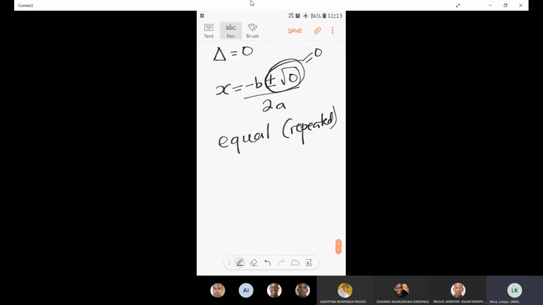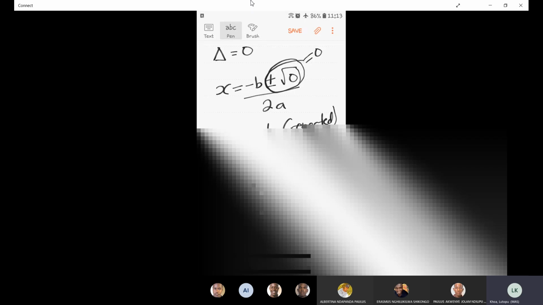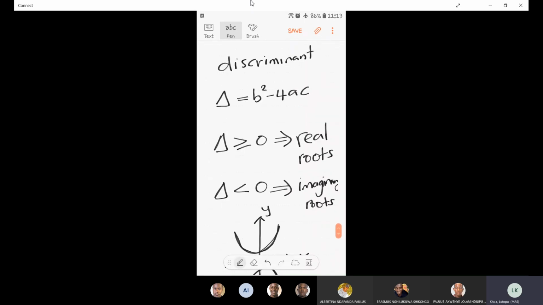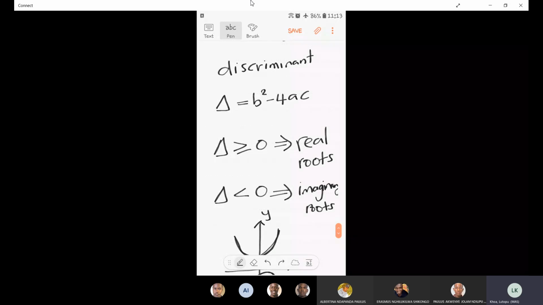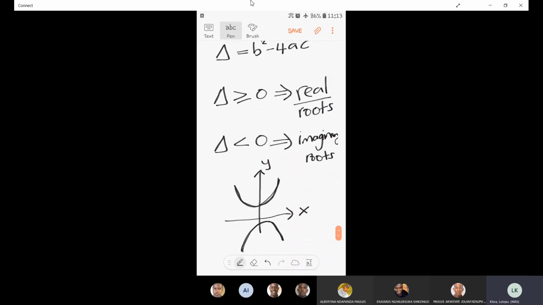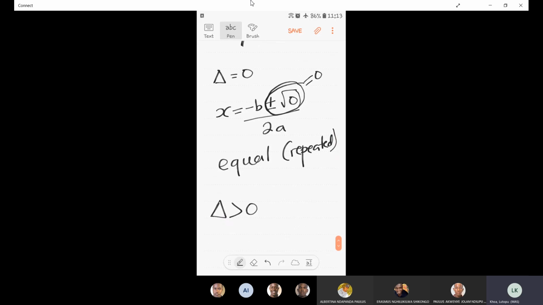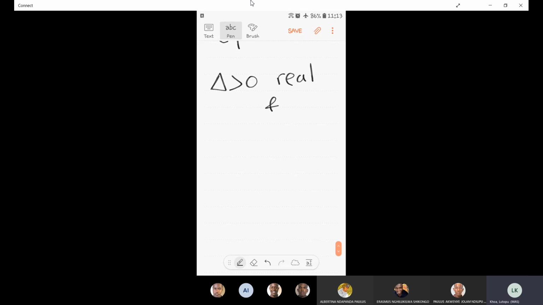Okay, then if your discriminant is greater than 0, that means it is strictly greater than 0. This means you have real roots, because greater than 0 falls in this category over here where it's greater than or equal to 0. So your roots will be real, and they are also unequal. So for example, here I have minus b plus or minus the square root.